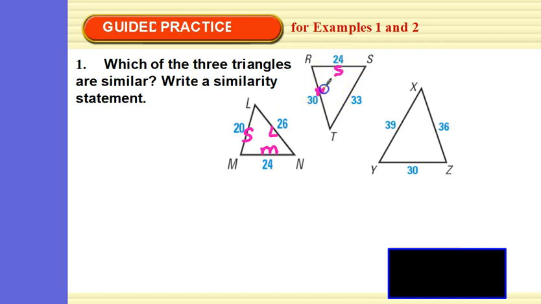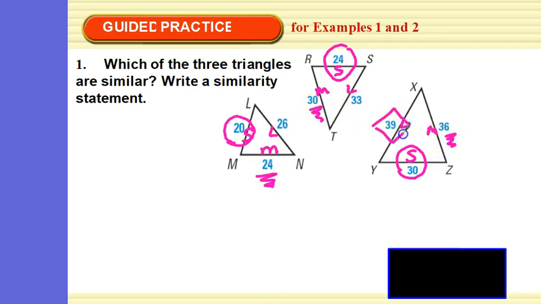So I'm going to compare my smalls, compare my mediums, and compare my larges. You guys see how I order them from least to greatest so I know what goes with what? Isn't that the easiest way to know what you're supposed to set your proportions up as? It's just kind of a little trick.